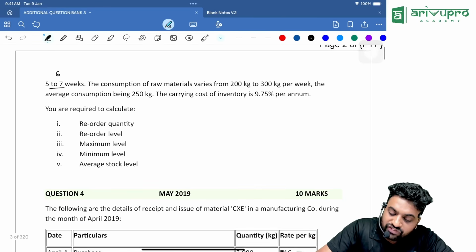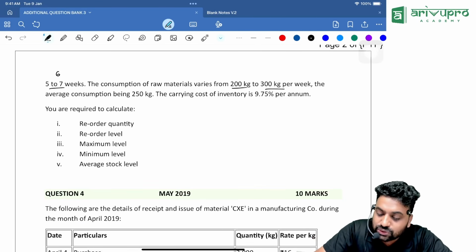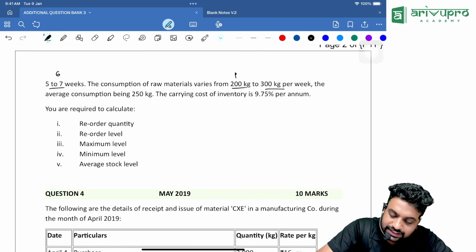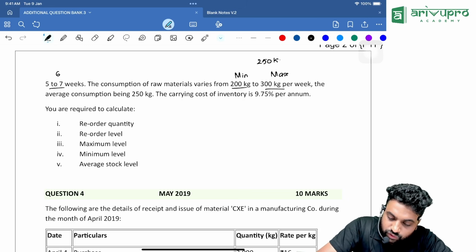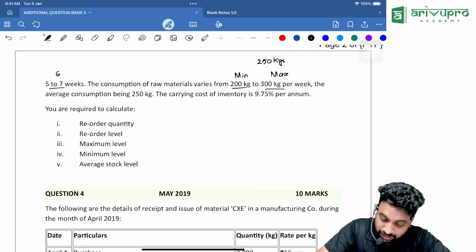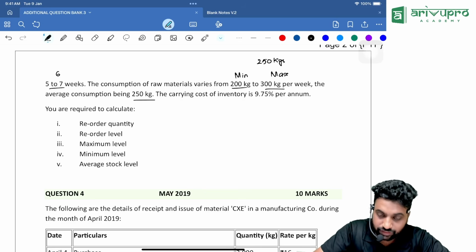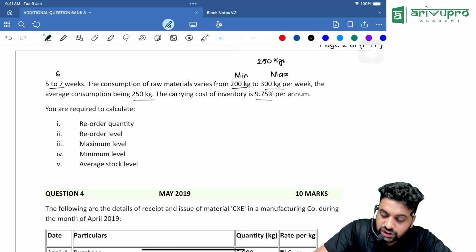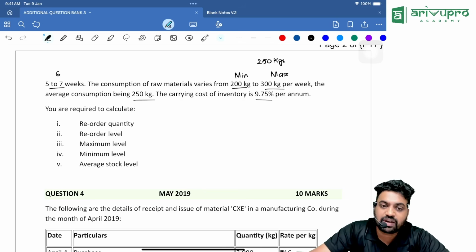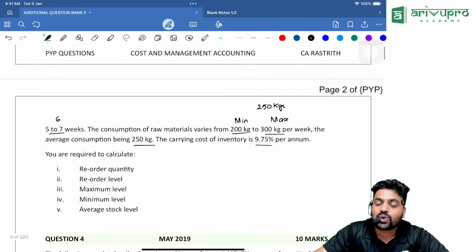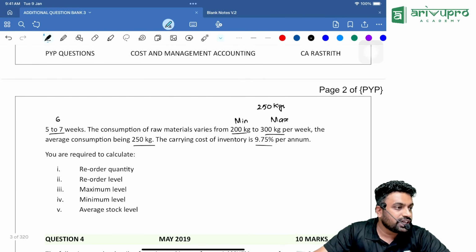The consumption of raw material varies from 200 kg to 300 kg per week. This is minimum consumption. This is maximum consumption. Average will be 250 kgs per week. Luckily, they have given per week. The carrying cost of the inventory is 9.75 per annum. They are asking ROQ, reorder quantity.